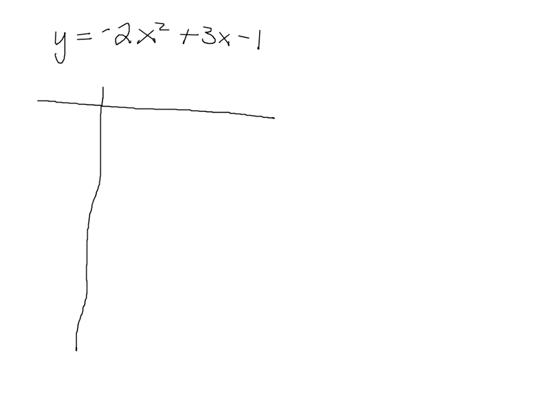Let's look at y equals minus 2x squared plus 3x minus 1. Okay, so this is the equation that I want to graph. So again, I start out. I'm going to choose some x's.